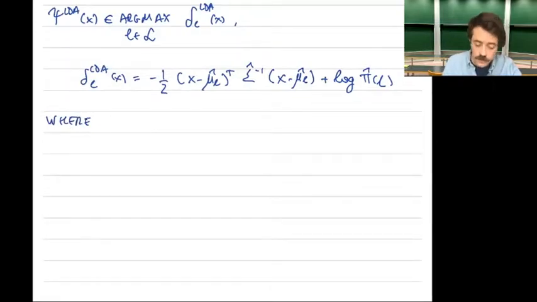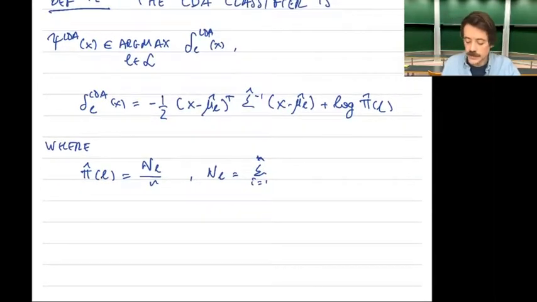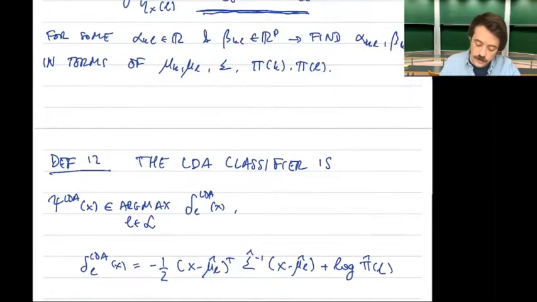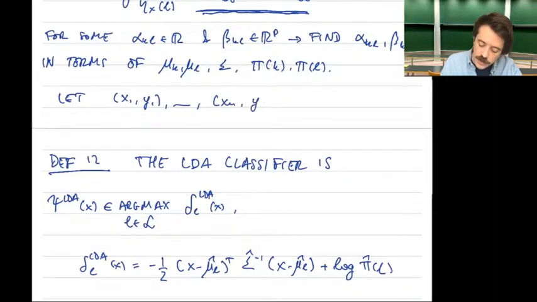What are these estimates? Let's go in order of difficulty. This one is going to be N_L over N, where N_L is the sum over all of the data points, and I haven't really introduced the data points, but this is exactly the same as before. So let x1, y1, up to xn, yn be the data.